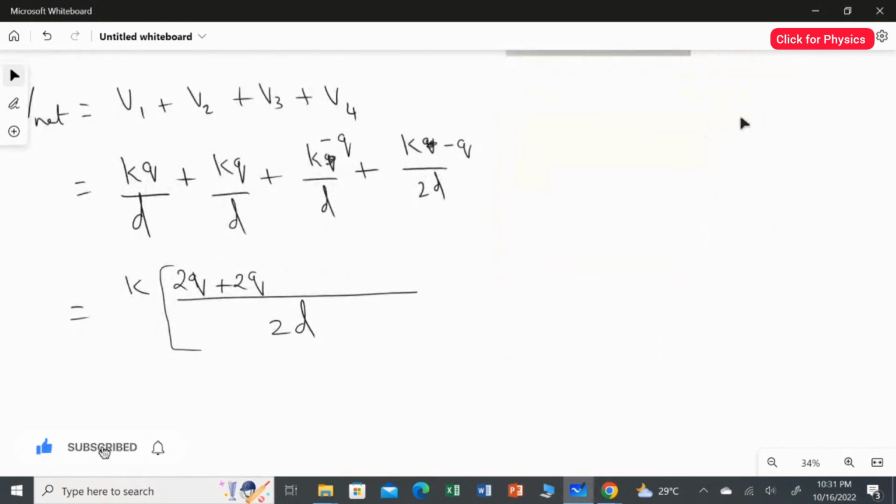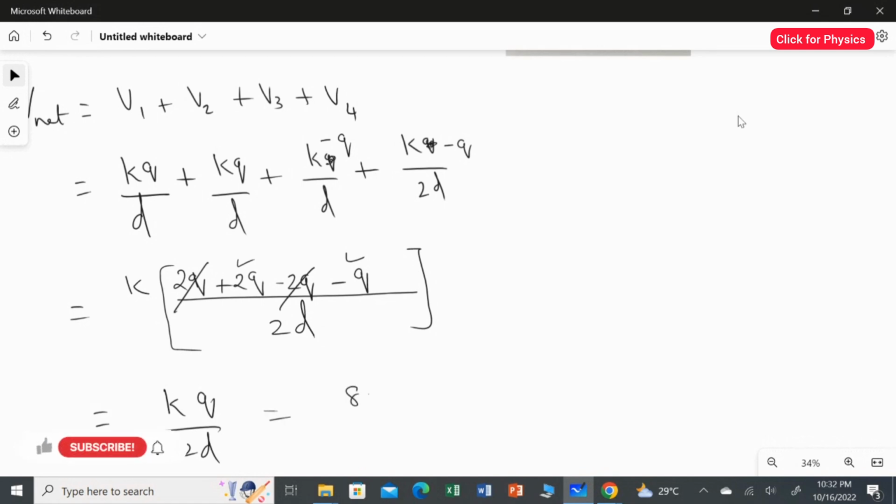So here we got a minus 2Q and here we'll get only minus Q. Why? Because here we have 2D already. So this plus 2Q minus 2Q gets cancelled, and if you simplify this, you will get only Q. Am I right? So KQ over 2D, substitute values.